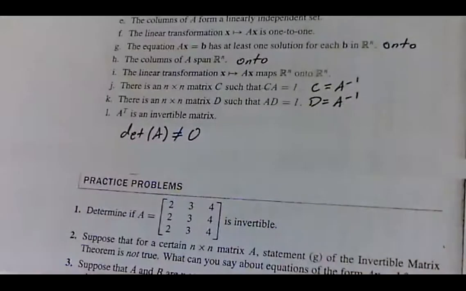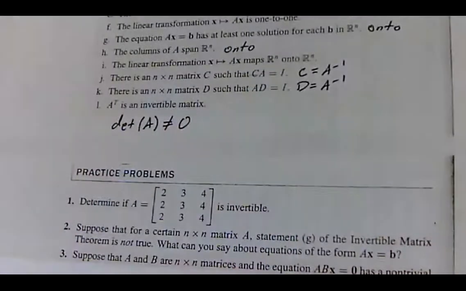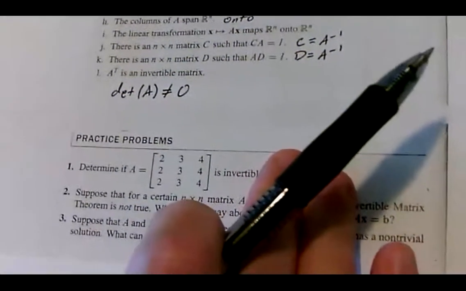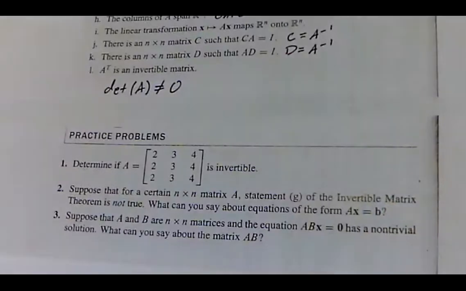There's going to be some number of vectors, some number of planes that are not covered by the columns of A. So the columns of A are dependent. If the columns of A are dependent, they don't span all of Rn. So AX equals B is only true for a certain number of vectors B. So you need a specific vector B, or a vector from a specific set, I should say, in order to have that be a true equation, okay?